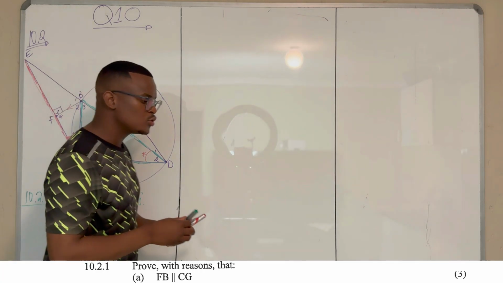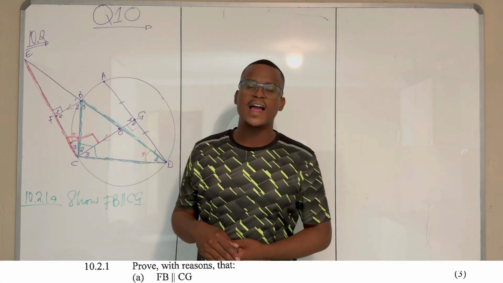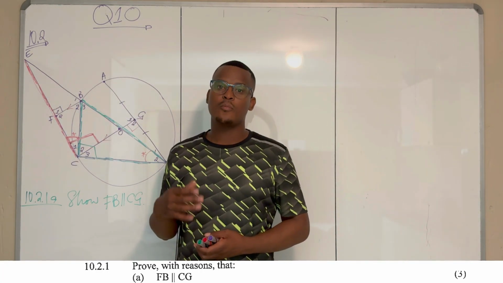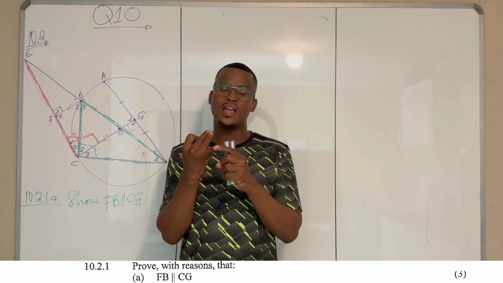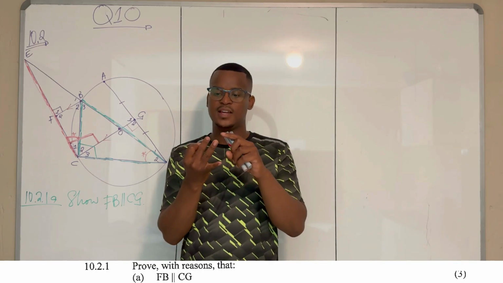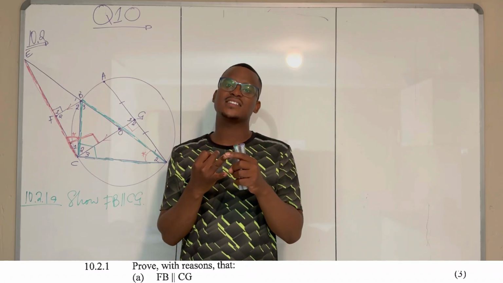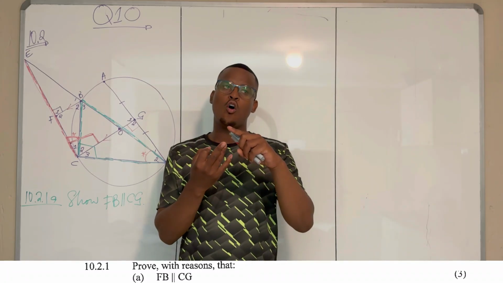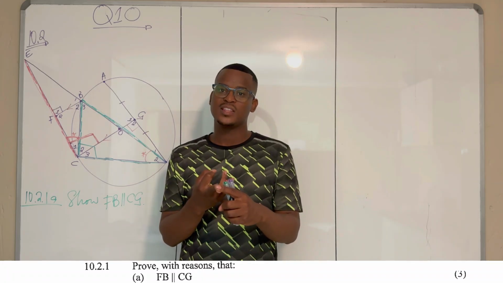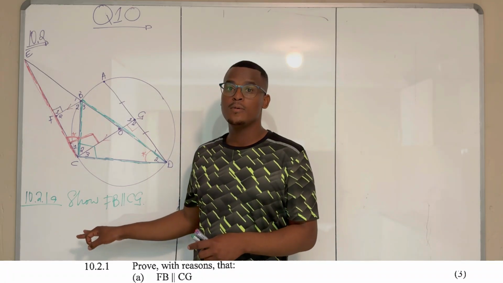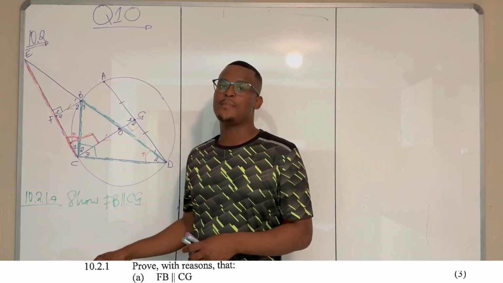So how do you prove that two lines are parallel? From my videos, I taught you 3 ways. One, show that the corresponding angles are equal, if there are any. The co-interior angles are supplementary, or the alternate angles are equal. If you can show those, that will be enough to show that 2 lines are parallel.